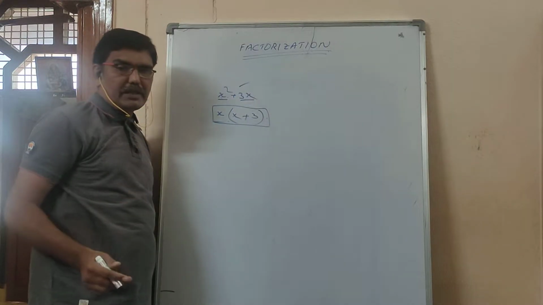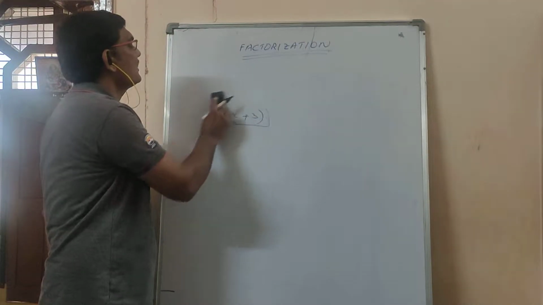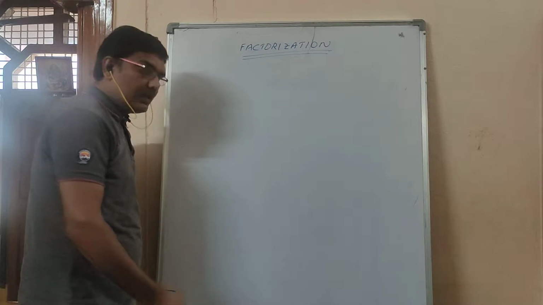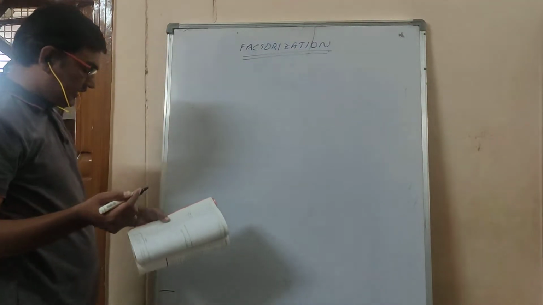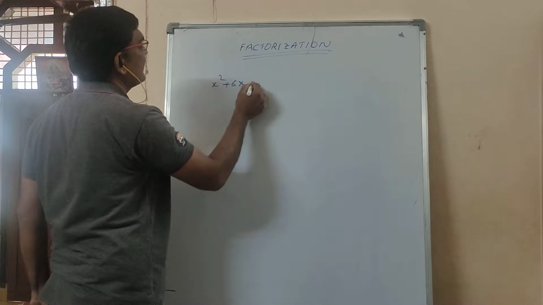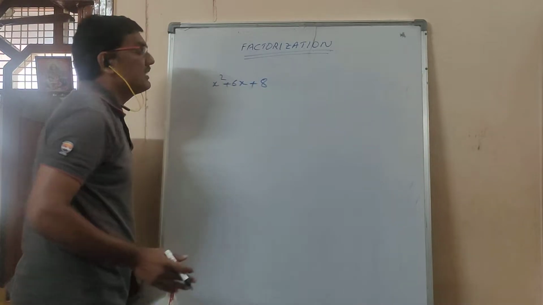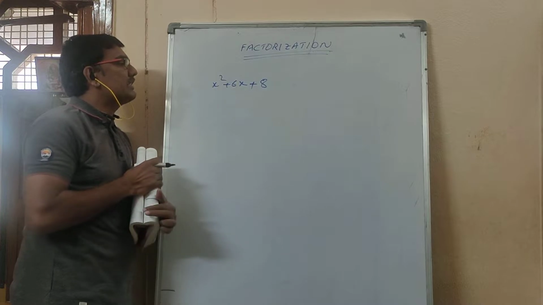Now we will go for factorization of quadratic polynomials. For a quadratic polynomial, the degree of the polynomial must be 2. Example, I will write here x square plus 6x plus 8. In this, the variable is x.